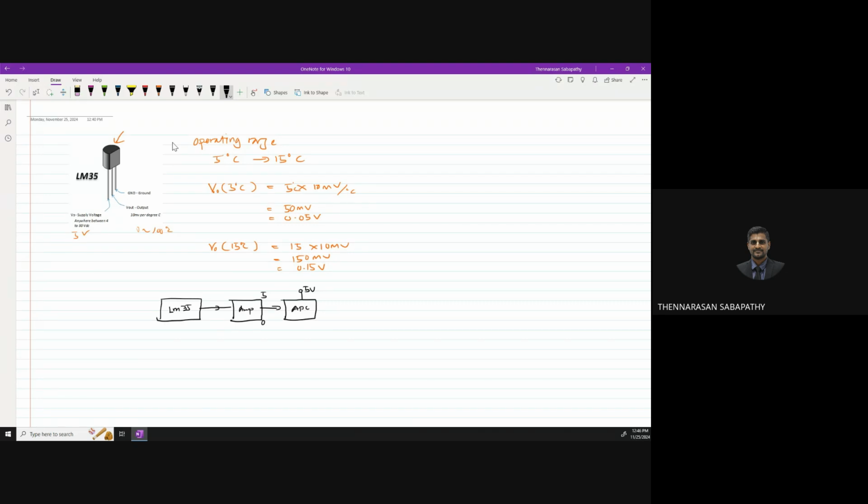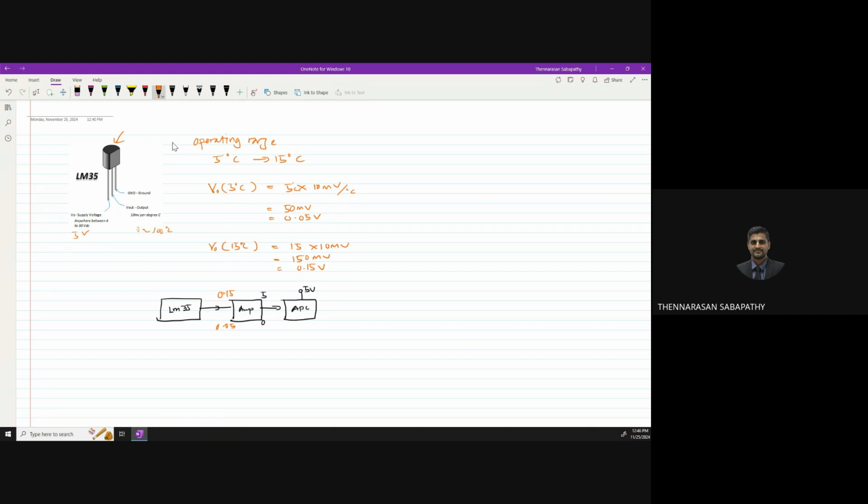And now what is the output from here? The output from here is just 0.05 to 0.15. We need to do something here so that it can get 0 to 5, therefore the full range of the ADC can be utilized. The LM35 is actually quite straightforward. No trick or anything here.